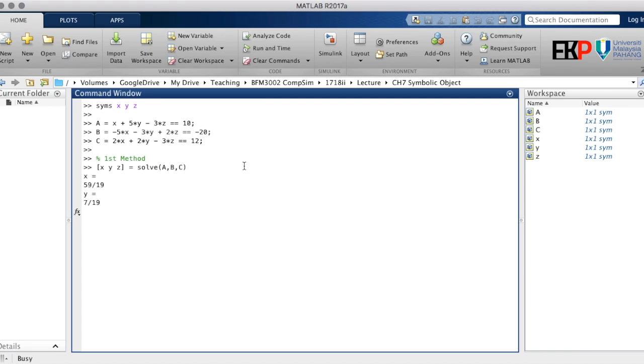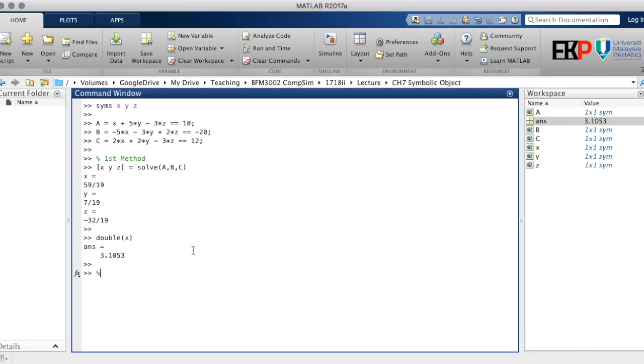When we press enter, we will get the answer x is equal to 59 over 19, y is 7 over 19, z is minus 32 over 19. These are given in exact form. Of course, if we want to know the approximated value of x, we can always use the command double x. So we get the value of x equals to 3.1053. That is the first method.